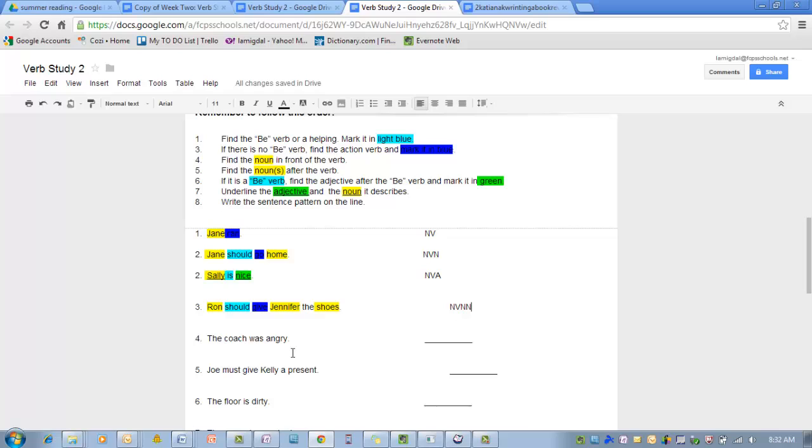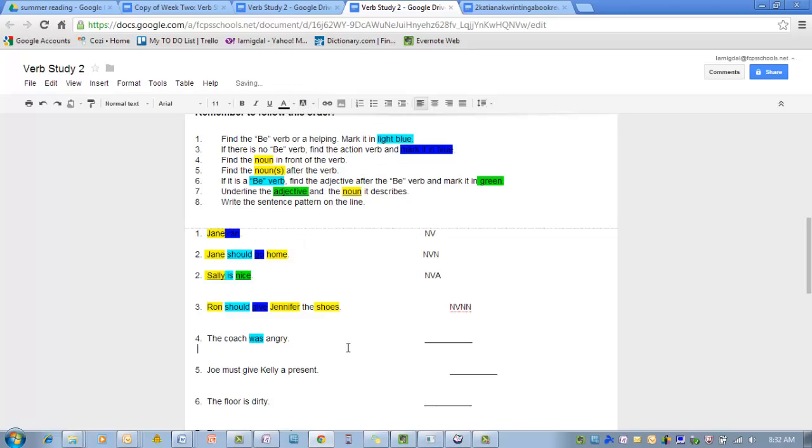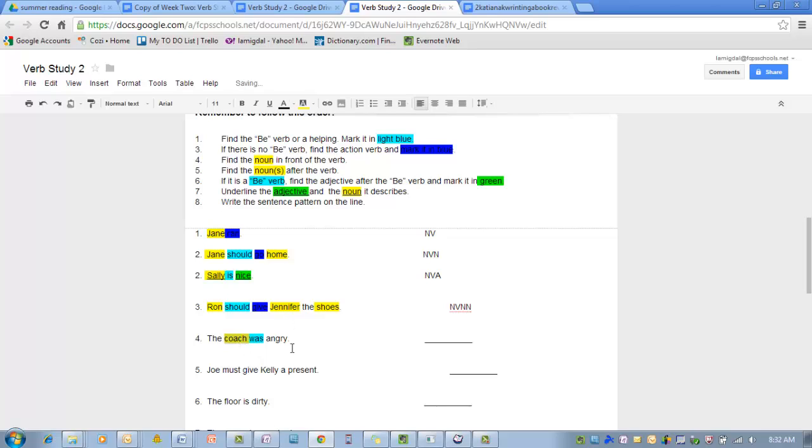Hope so. Okay, number 4, the coach was angry. Well, I see a be verb in here. There's was. So I'm going to make that color. I'm going to go in front of it, and I see the coach. The coach is our noun, or we could just do coach, and we'll leave the by itself. Those are those articles, right? Okay, I'll make that yellow because that's our noun. We go after, and we know that after a be verb, it could be either a noun or an adjective.